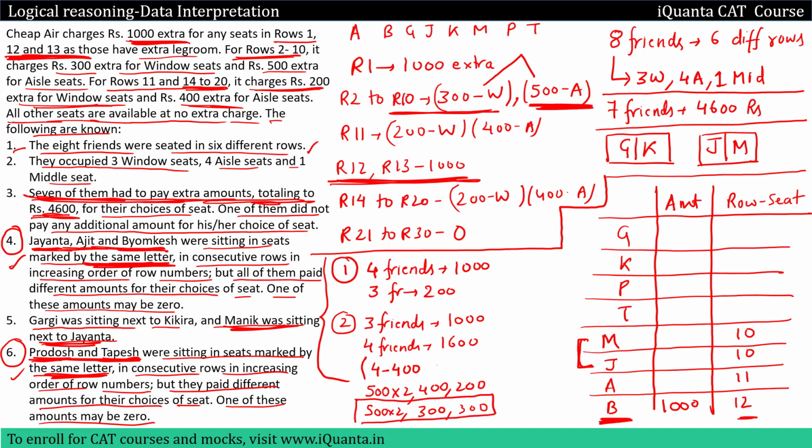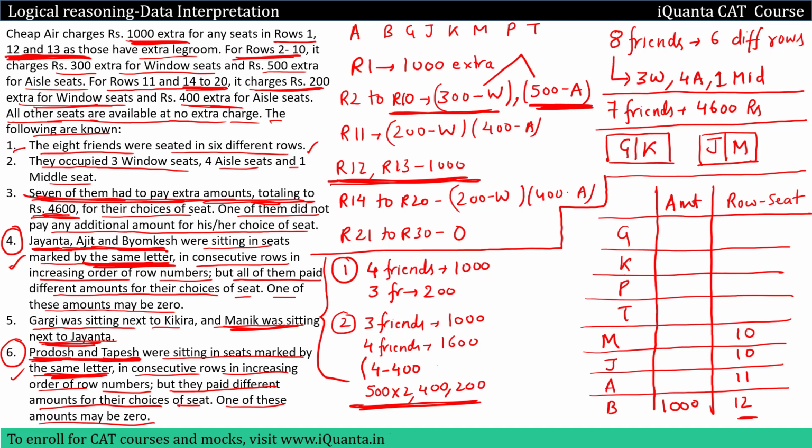See, these fares 500 and 300, they are possible only for row 2 to 10. So if I put 2 people with 300 in row 10, where will these people go? The 2 paying 500 each, they won't be having any space. So that means we'll cancel this case over here. But let us look at this case, 2 friends paying 500 each and 400, 200.